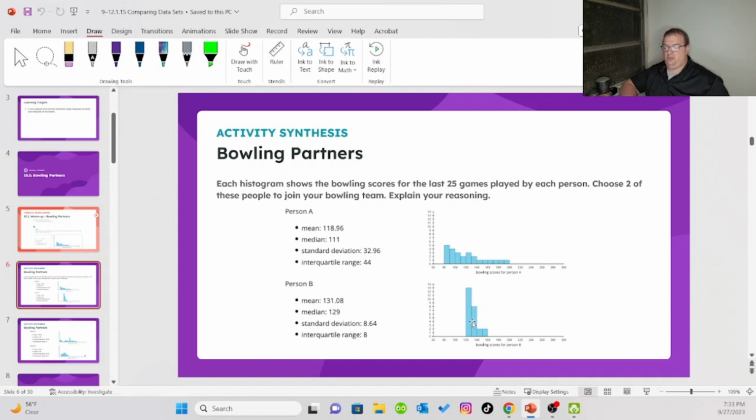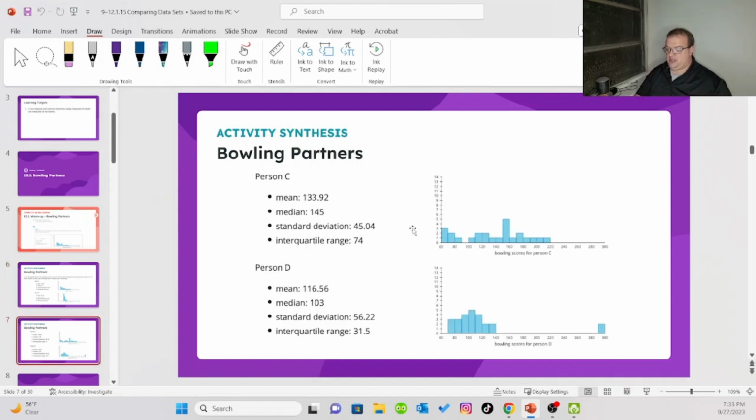Person B is not going to bowl below 120. So it's a give and take. Am I willing to give up the possibility of 190 points so that I know I'm not going to get less than 120? That depends on how you want to strategize.